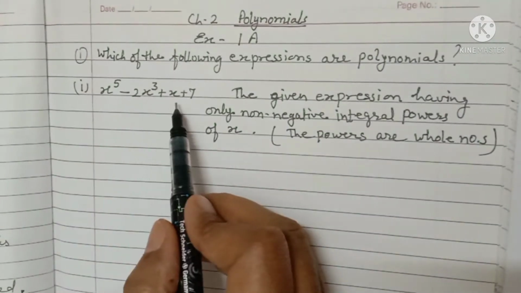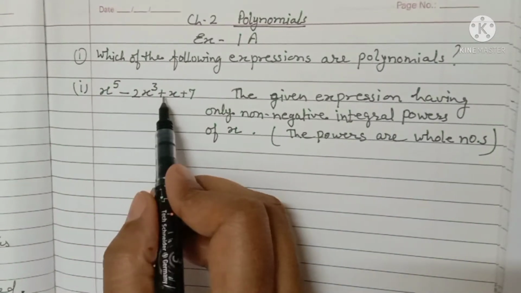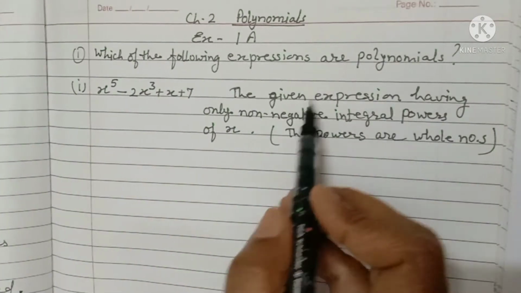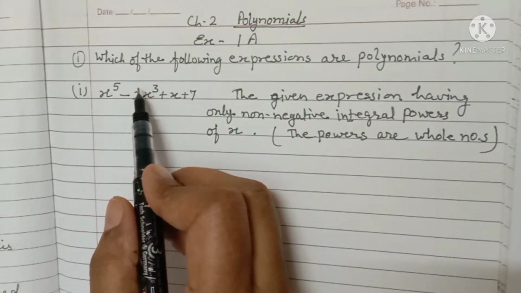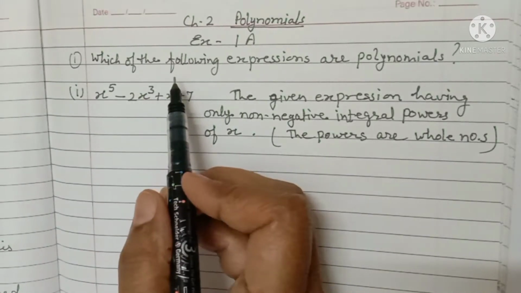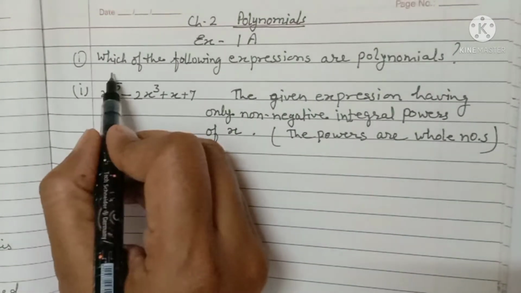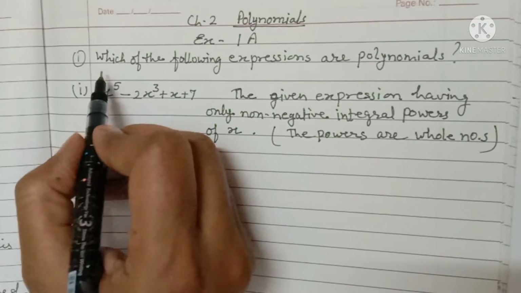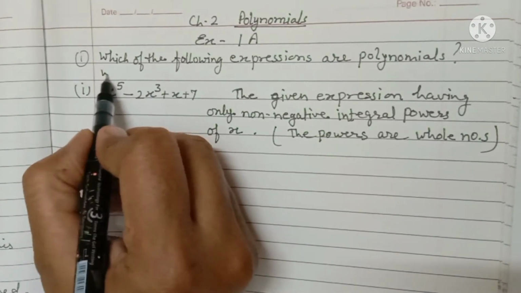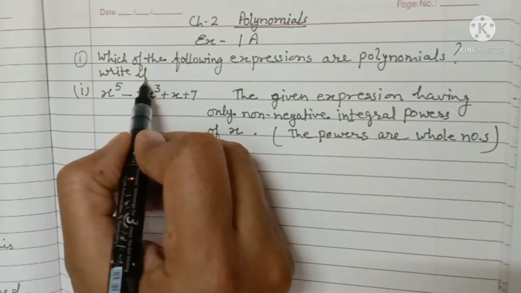Such types of expressions are polynomials. For every expression like this you can give this statement, and in this question you also have to find the degree of the polynomial. In case of a polynomial, write its degree.